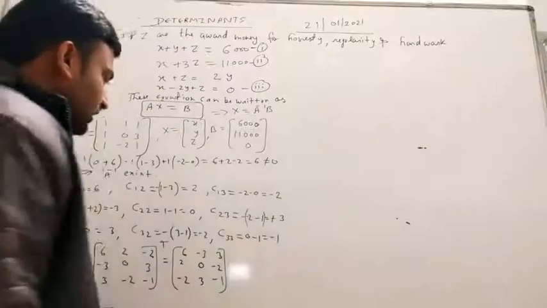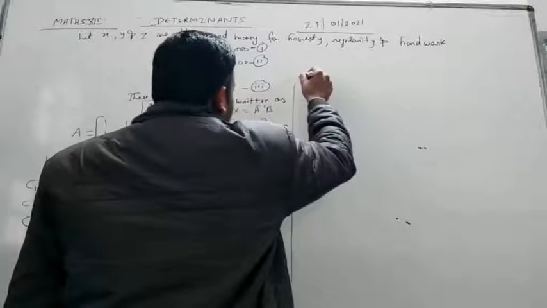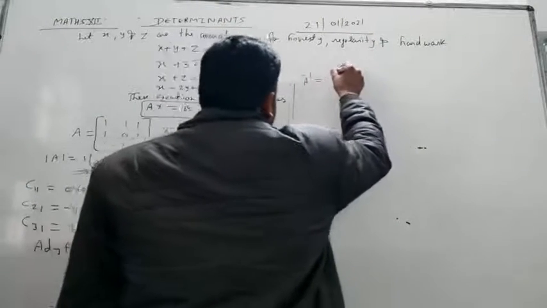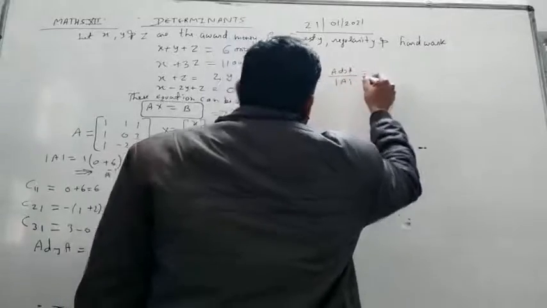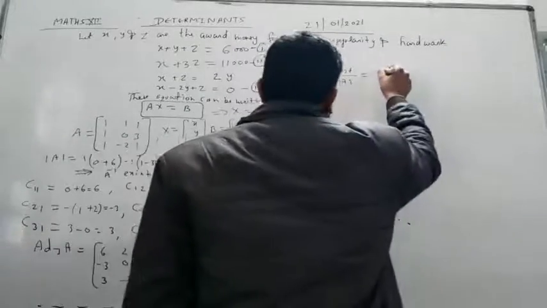Okay student, now we find our A inverse. So A inverse is, you know the formula, adjoint of A by determinant of A. So determinant of A is 6, so 1 by 6.